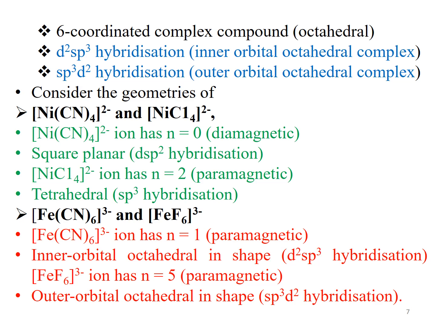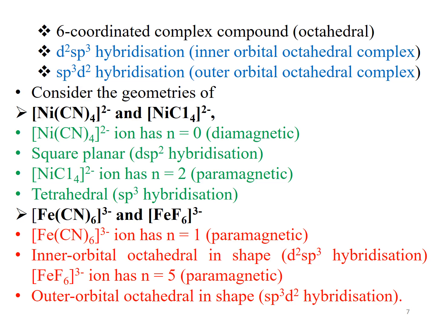In contrast, when there is a weak field ligand, then the ligand will not be able to pair up the electrons, and there will be more unpaired electrons, and the metal will use outer orbital for hybridization. Consequently, the mode of hybridization will be sp3d2.